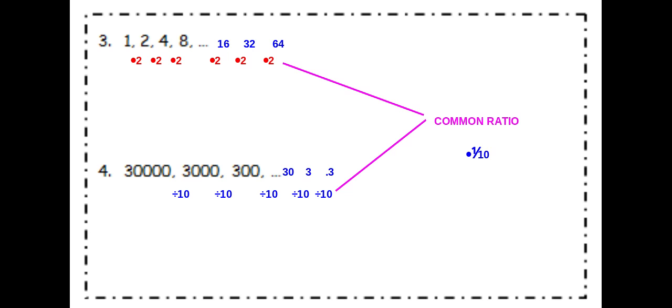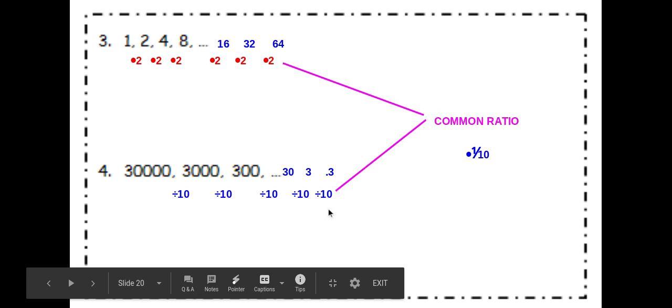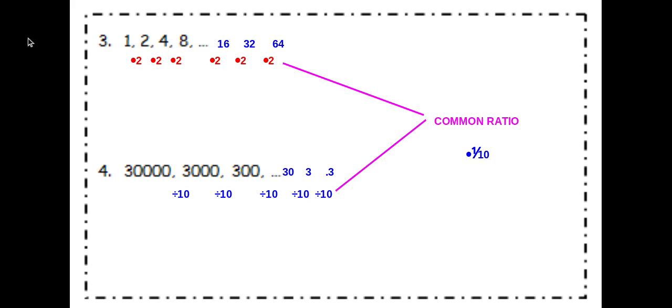Here we're dividing by 10, which we consider as multiplying by 1/10. So just be aware that when we're dividing, we really think of it as multiplying by a fraction. We'll get more into that tomorrow.